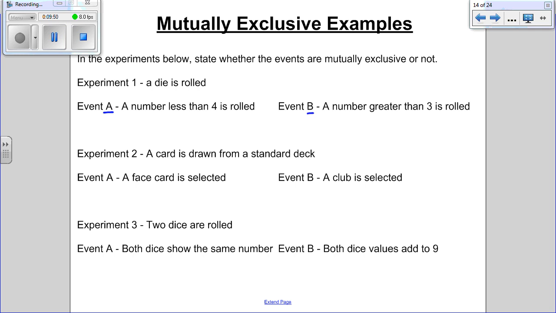My suggestion is to write out the things that could happen for each event. So, for A, what could we possibly roll that would be this event? We could roll a 3, that would be less than 4. A 2, that'd be less than 4. Or a 1, that'd be less than 4.